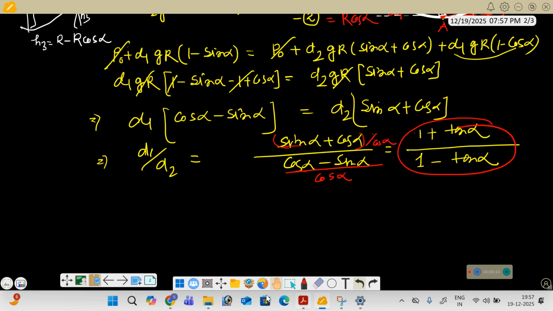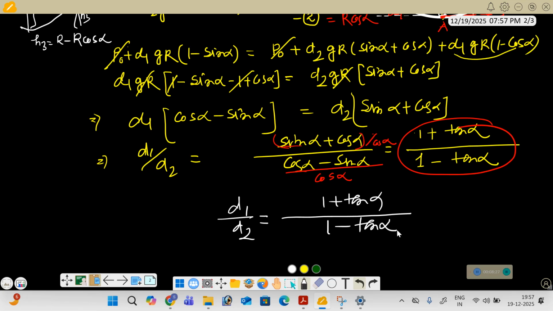So this is the required result. So the ratio of densities of the liquids in the circular tube will become 1 plus tan alpha by 1 minus tan alpha.